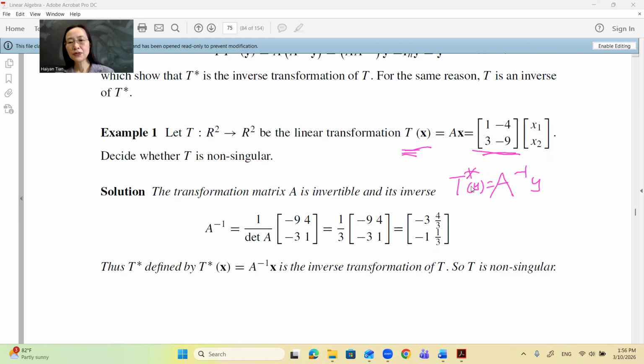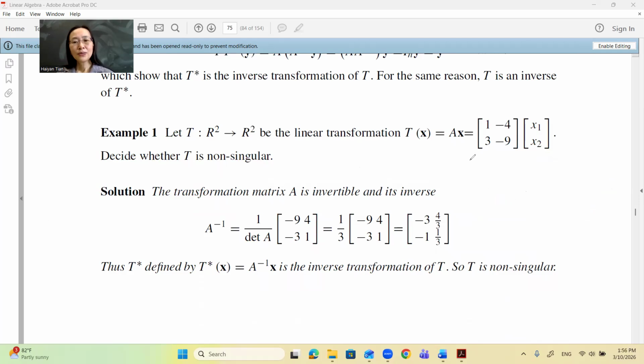We do not have to use Y. You can always say, okay, this is defined by the inverse matrix, and then you can still use the same X vector, just X is in R2. So it's just a matter of notation. This is an inverse mapping.